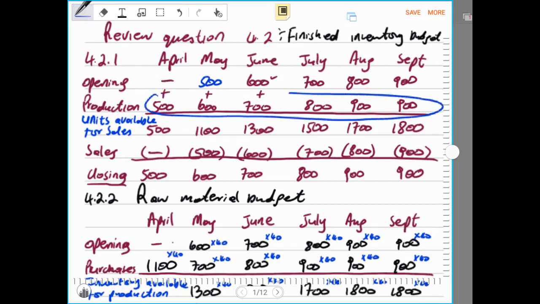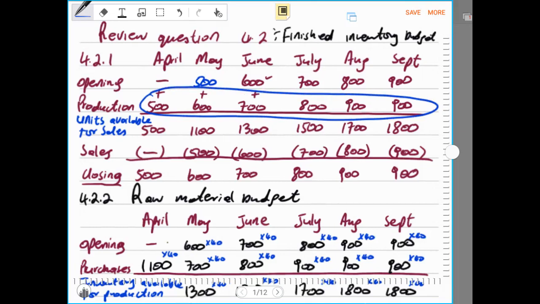That will give us the direct labor cost paid in the respective months. So our labor will be 500 times 20, this times 20, and so on. We will do the same thing throughout.